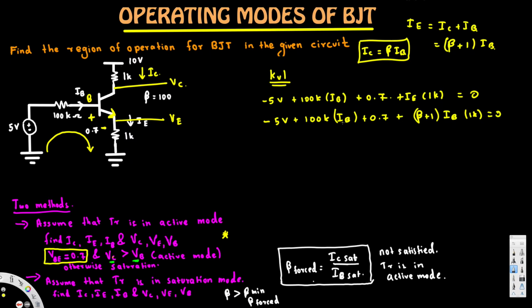Let's remove everything else other than IB. Here we have minus 5 and plus 0.7. If we add them, that's going to be minus 4.3. Beta is given as 100, so 100 plus 1 times 1K is 101K IB. And here we have 100K IB.